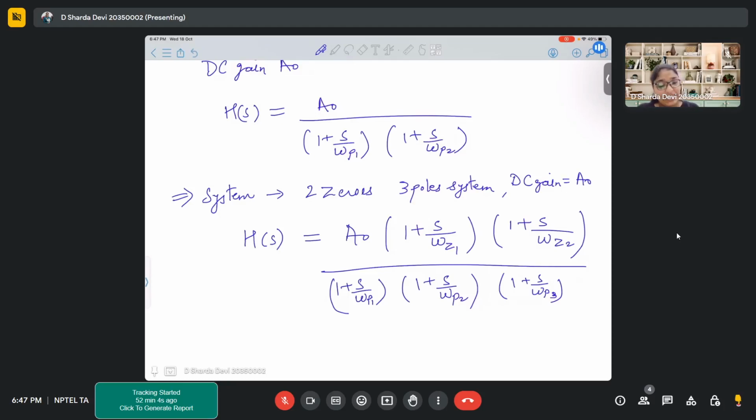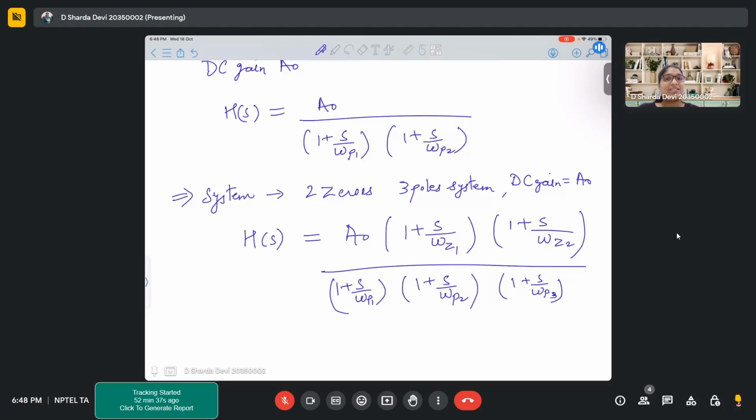But this is easier when you have a Bode plot, because from there you can write the transfer function easily. If you want to write this type of transfer function from a given circuit, it will be a little difficult. Because when we say that at any particular AC node the pole is 1 upon RC, it is not actually 1 upon RC. The actual value is a little different, but close by.